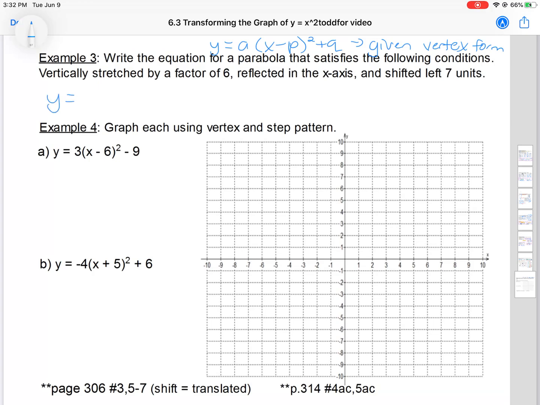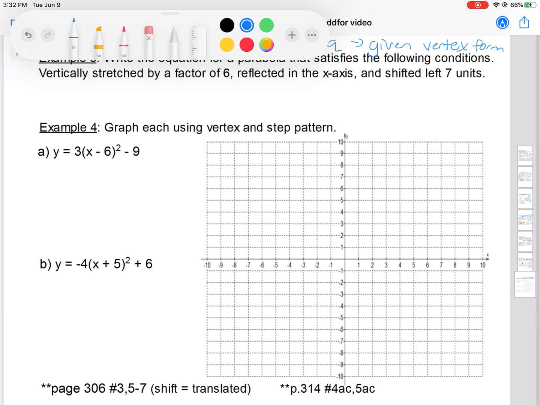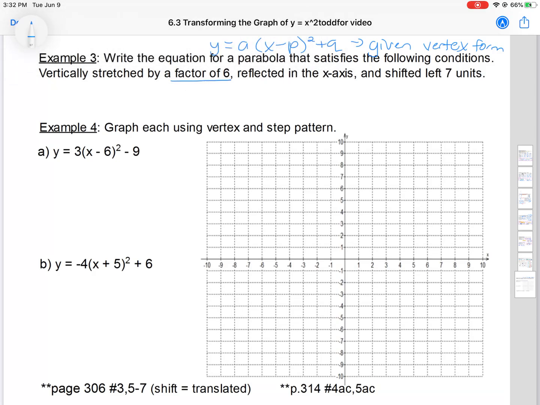So it says vertically stretched. I'm just going to show all my work, okay? So vertically stretched by a factor of 6. That means that the A value is 6. Reflected in the x-axis. That means it's going to be negative. Shifted left 7 units. So that means that the P value is -7.